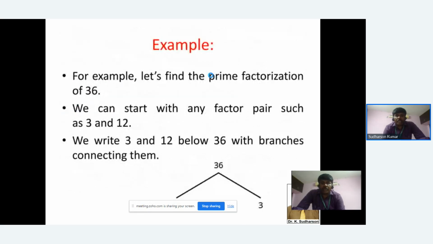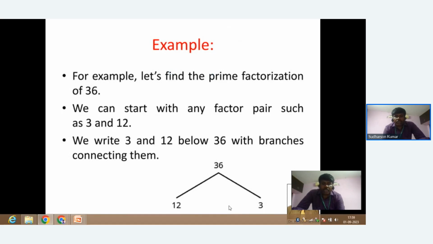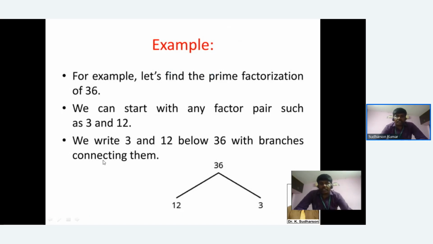So this is the tree method. For example, if we have the number 36, in order to find the prime factorization, you have to start with any factor of the number 36, such that you can find the final factorization.